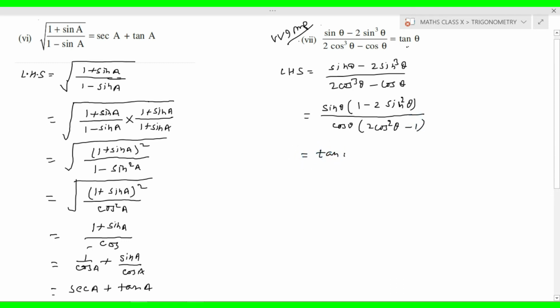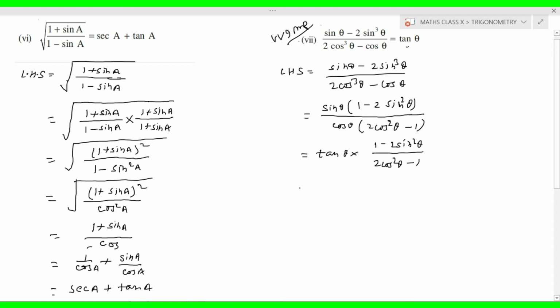So we got the value tan theta, the RHS. What is the remaining part? The remaining part is 1 minus 2 sin square theta divided by 2 cos square theta minus 1. And since we have to prove only tan theta, definitely the value of this whole becomes 1.